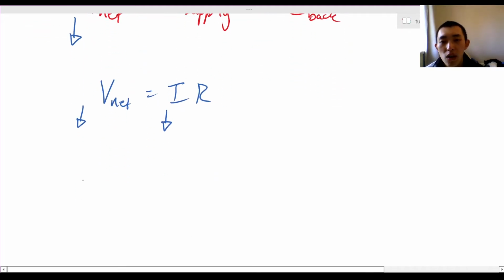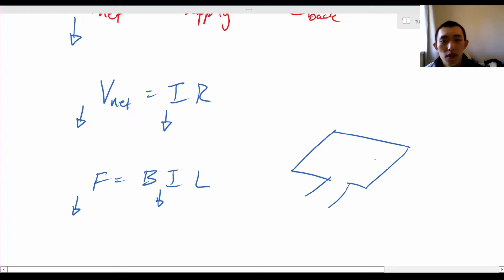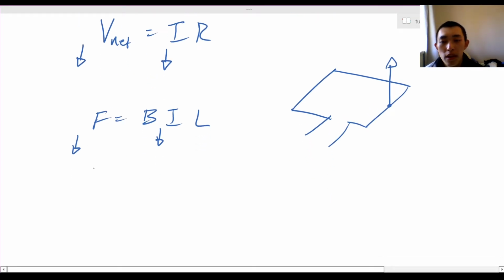And if we decrease our current, we know that F is equal to BIL, so we'll be decreasing the net amount of force on our armature. And of course, F is equal to ma, right?